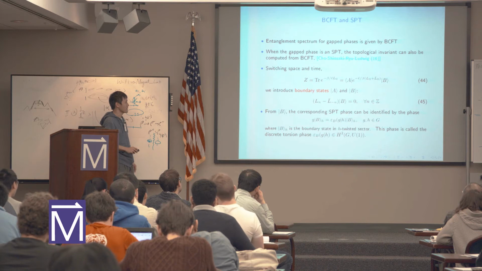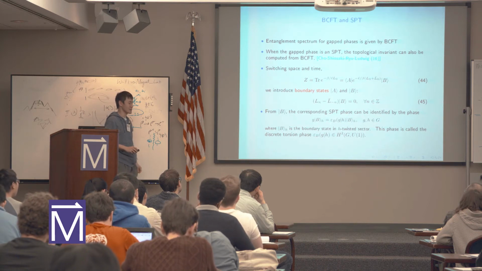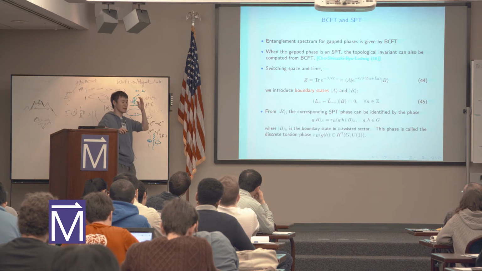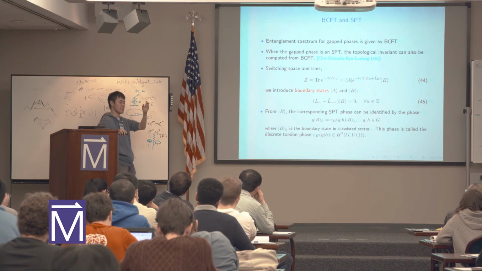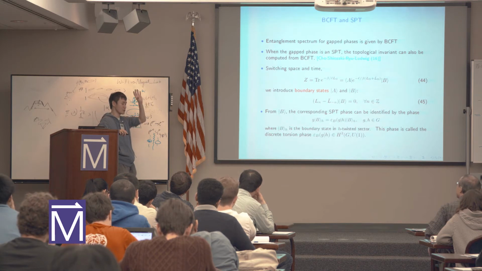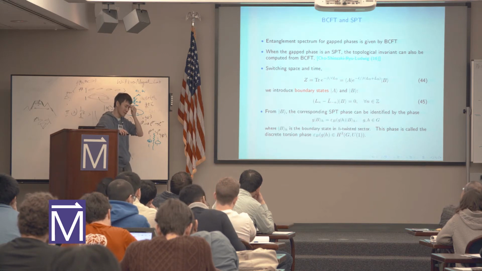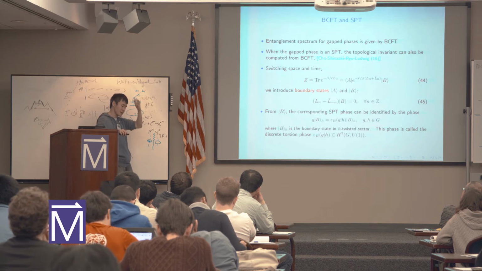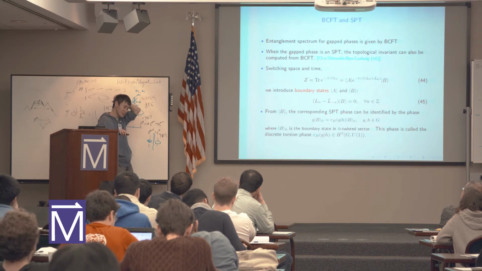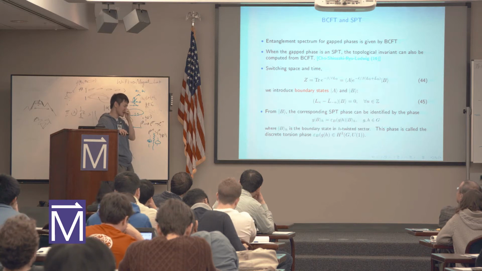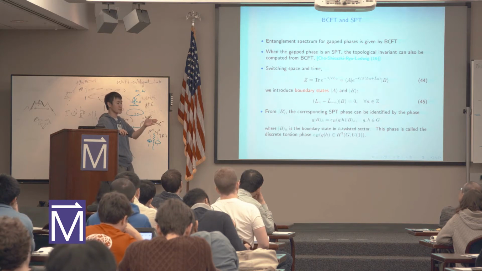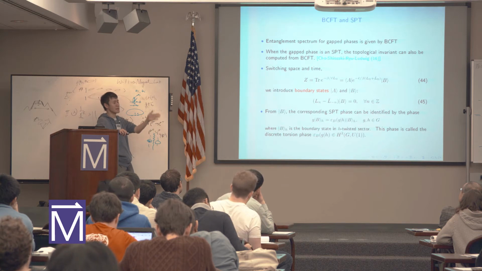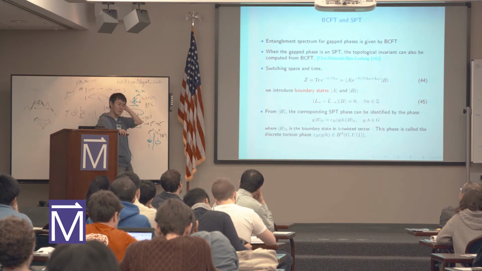Okay. So the final remark is the following. So far we have been saying, from the point of view of CFT, different gapped phases may correspond to different boundary conditions, and different boundary conditions correspond to different boundary states. Okay. So constructing the whole set of boundary states is maybe difficult, but at least conceptually, you can make this correspondence between gapped phases and the possible boundary states in conformal field theory.